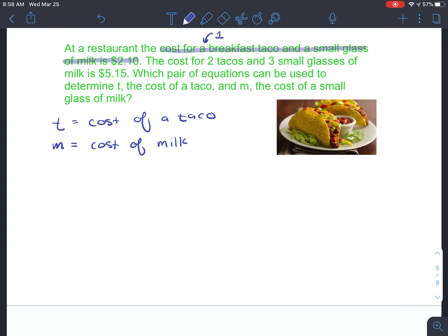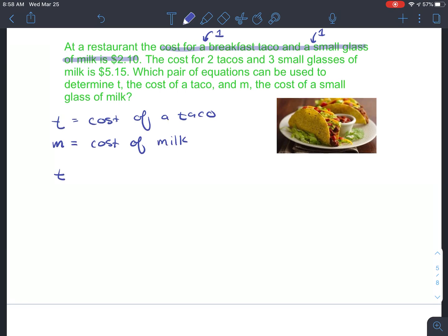So how do we write that as a sentence? Well, A implies that there is one breakfast taco and 1 glass of milk. So when we write our equation out, we can add 1 taco plus 1 glass of milk is equal to $2.10.